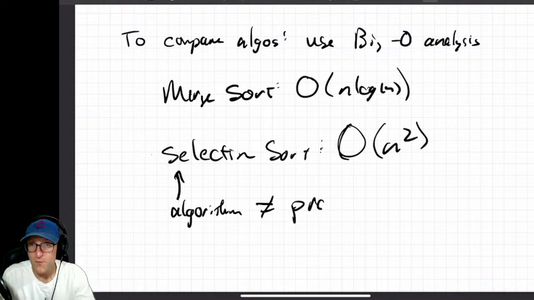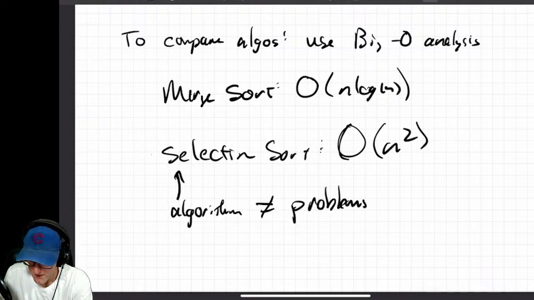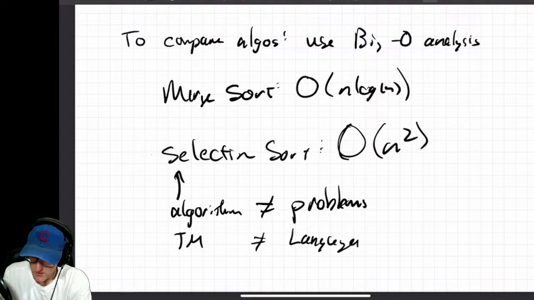Hopefully you understand that by now. Why? Because Turing machines, which are algorithms, are not the same thing as languages. Turing machines decide languages. Algorithms solve problems, but they're two completely different things.